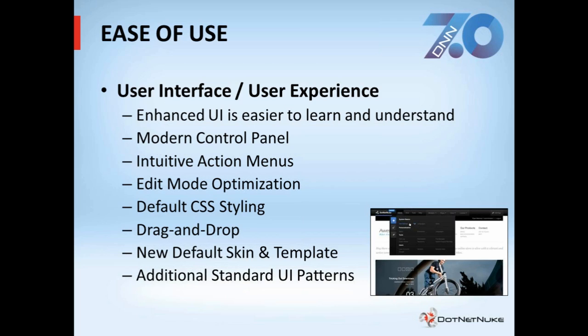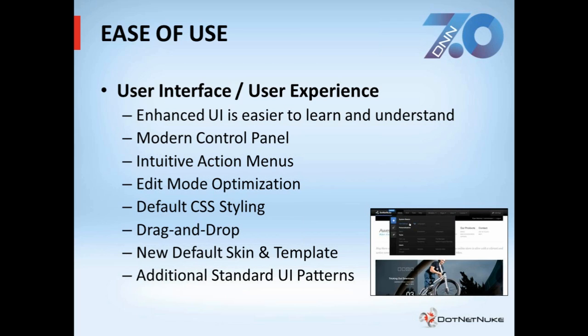Our enhanced user interface is much easier to learn and understand with some of the changes that we've made, and I'm going to be demonstrating a lot of that functionality in a moment. Some of the specific areas that we focused on were around the control panel. The control panel is the primary administrative tool that people use to interact with the website.